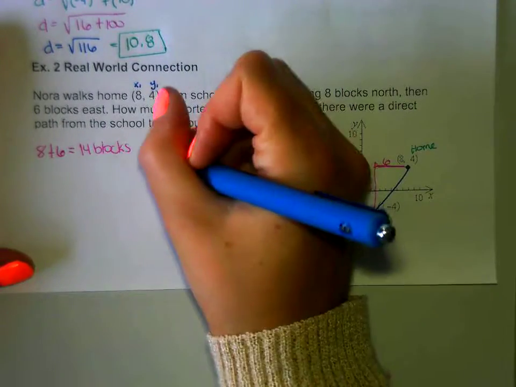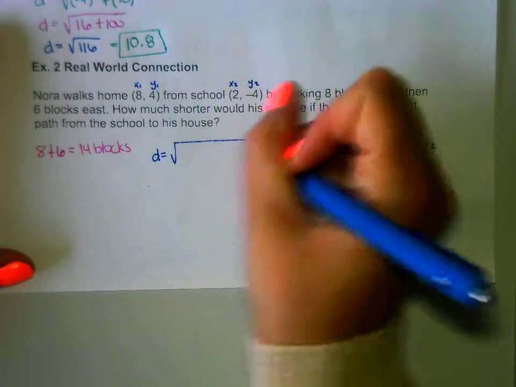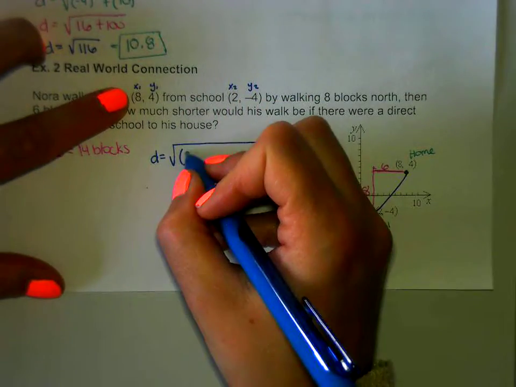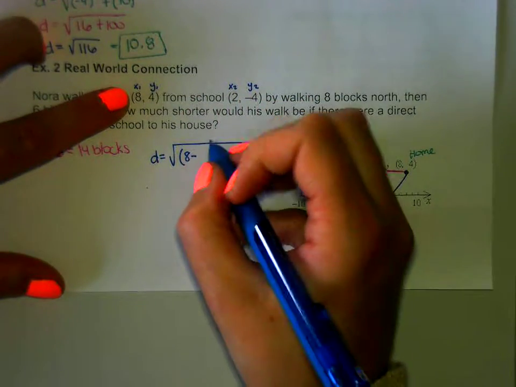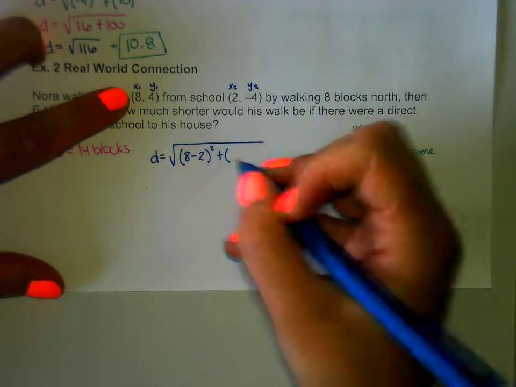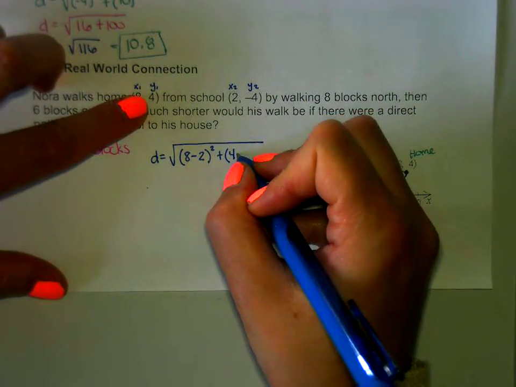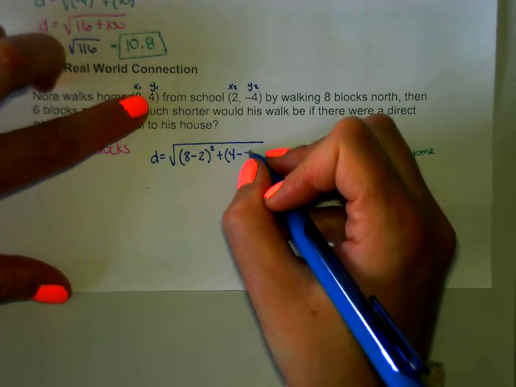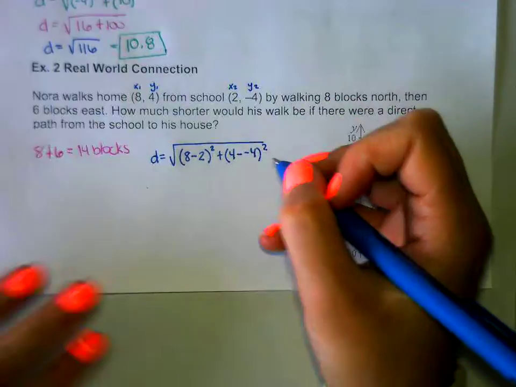So this is going to be my x1, y1, x2, y2. So if I take that, I have the distance equals the square root of x1, which is 8, minus my x2, which is 2, squared, plus my y1, which is 4, minus my y2, which is a -4, and then I square that.